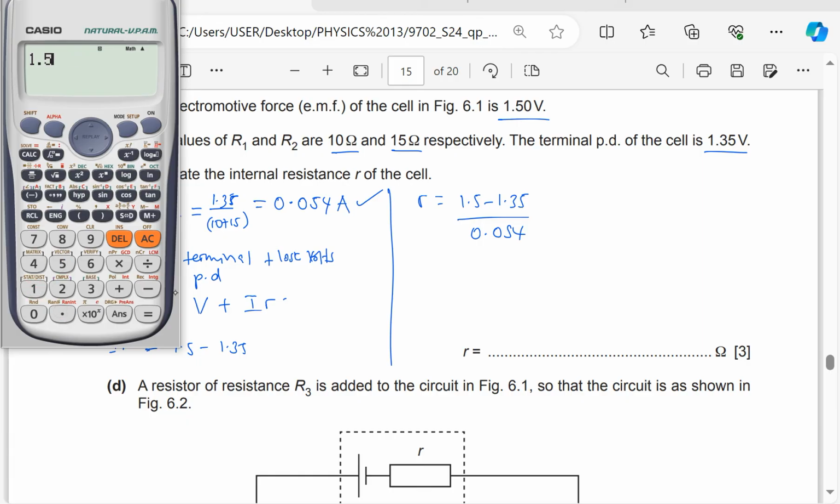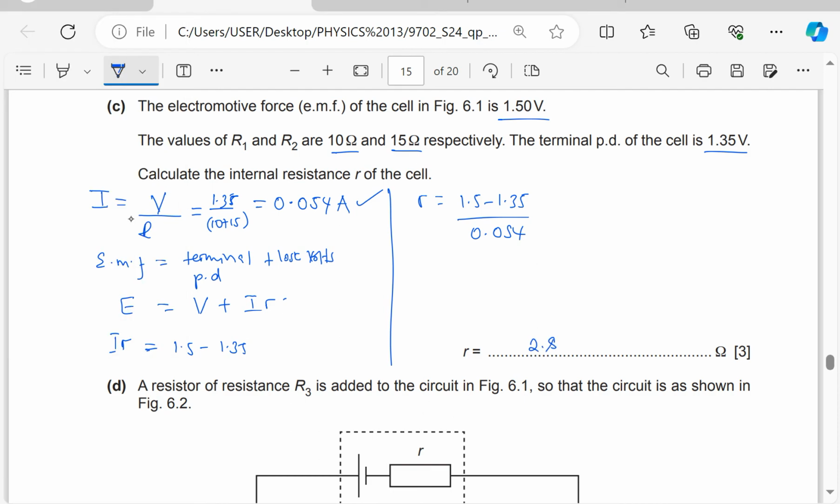So 1.5 minus 1.35, then divide by 0.054. So this is giving me 2.7 recurring. So this is going to be 2.8 to two significant figures, 2.8 ohms.